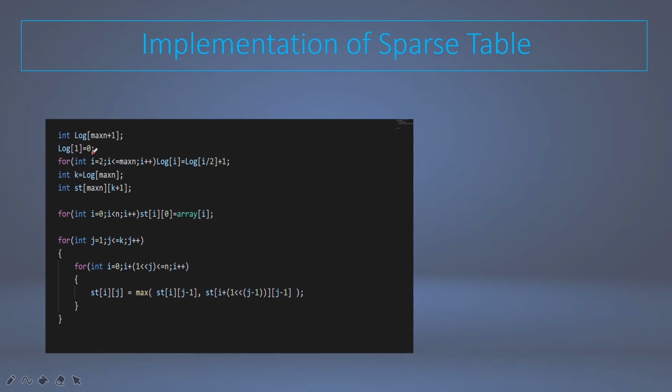We can make the maximum power 0 of base 2 to make the length 1, right? Then I will make all the sizes of any other length from 2 to max n that I have. So it can be 10 to the power 5 in this problem.